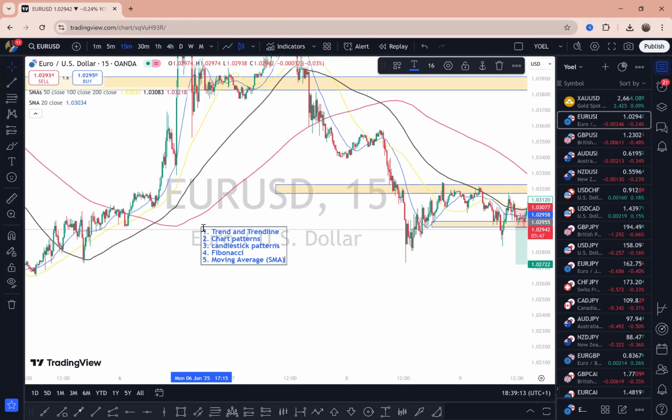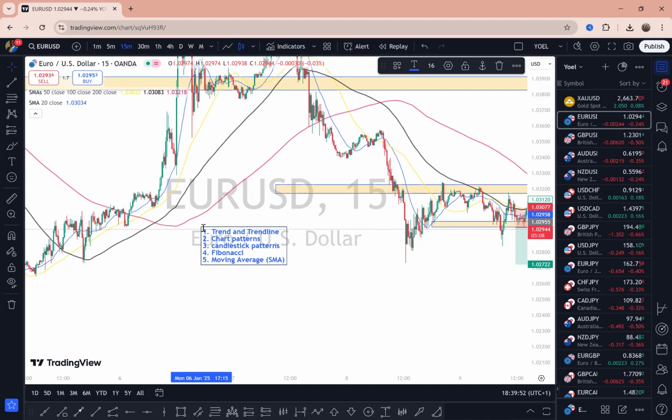These are the only technical tools that I use. So today I'll just take more of the trend and the trend line, and then subsequently we'll start looking at chart patterns, candlestick patterns, Fibonacci, and moving average. So please take note of this. They are very important.